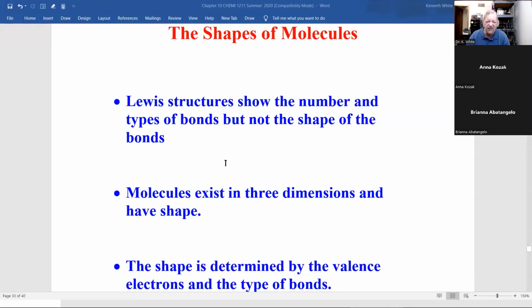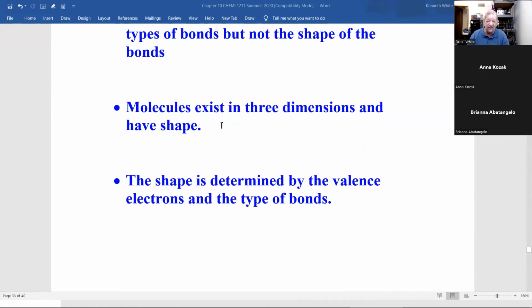These are determined by the number and types of bonds in an atom of a molecule. And like I said, they exist in 3 dimensions. The shape is determined by the number of valence electrons and the type of covalent bonds.